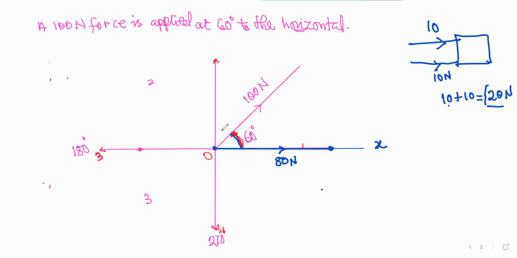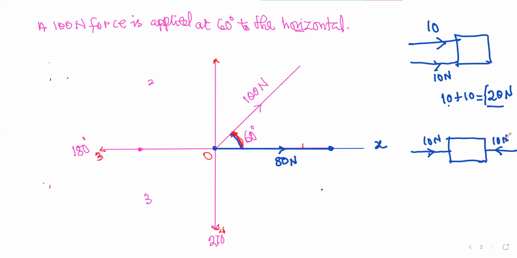Okay. Now, class, supposing these two forces were acting oppositely, this is in this direction, 10 Newton, and this is also in this direction. What will be the resultant force? Nana Kwabena, zero.